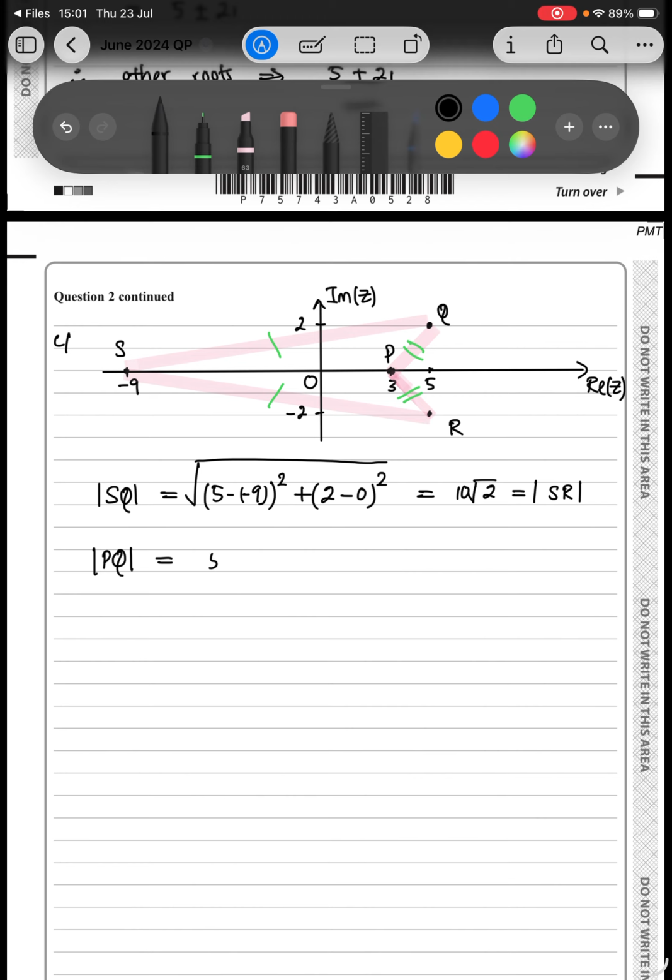So let's say 5 minus 3 whole thing squared plus 2 minus 0 whole thing squared equals 5 minus 3 is 2, so 2 squared is 4, plus 2 minus 0 is 2, 2 squared is also 4. So that's 8. Square root of 8 is 2 root 2, which is also equal to PR.